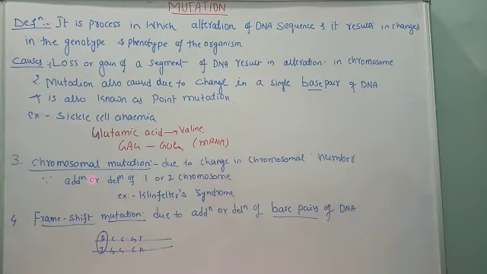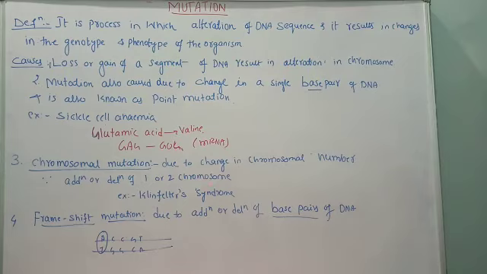But there is one more type of mutation, known as chromosomal mutation. As the name itself indicates, chromosomal mutation means change in the number of chromosomes. Just now I told you, human beings have a haploid set of 23 chromosomes and a diploid set of 46 chromosomes.